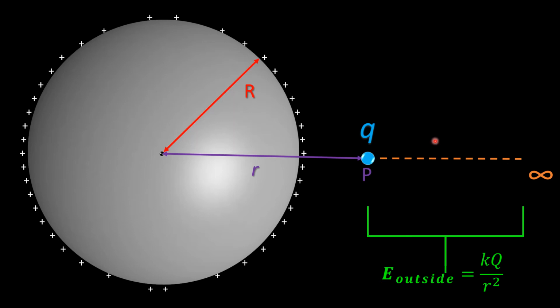But then it means that electric field at different points on the path is different, because r distance is different, so electric field is varying, and hence we have to integrate EDR. So let us see how to find potential at point P.